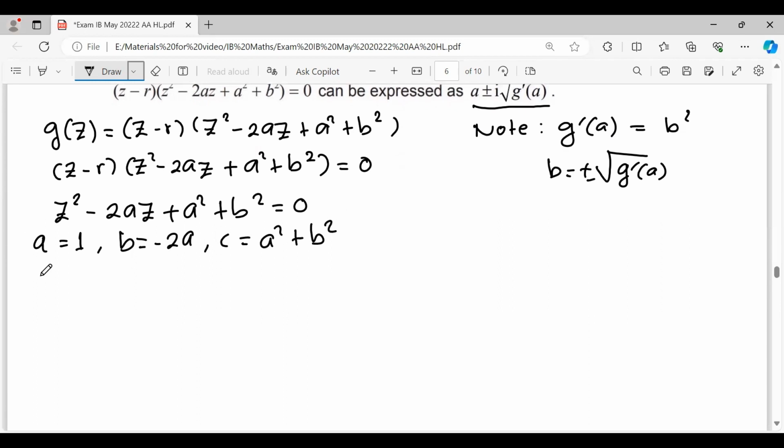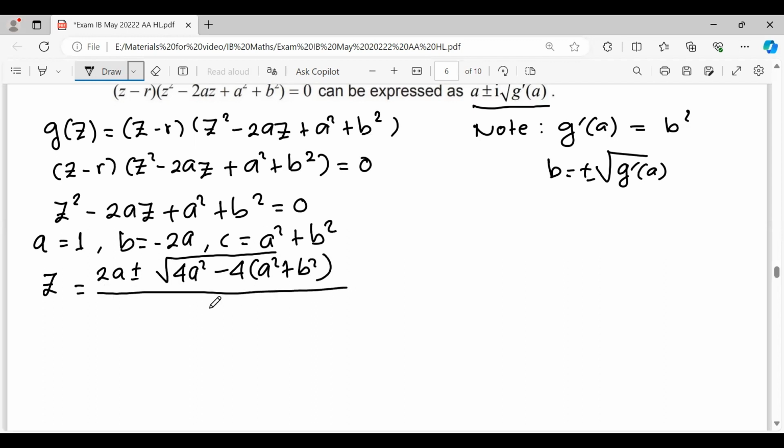Now we're going to find the roots of z, which will be 2a plus or minus the square root of b squared, meaning 4a squared minus 4ac, that is 4 times 1 times (a squared plus b squared), over 2 times 1.